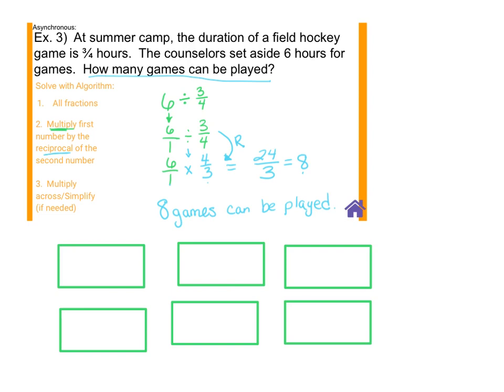So now let's go ahead and look at the model. I have 6 hours. So I basically represent that as 6 rectangles. And I need to see how many 3/4 of an hour I can get in each. So I'm going to divide my rectangles into fourths. Now that I divided my rectangles into fourths, I need to see how many 3/4. So I'm going to circle 3/4.